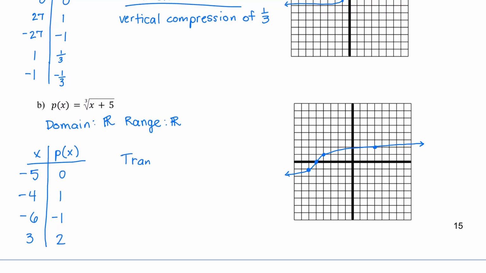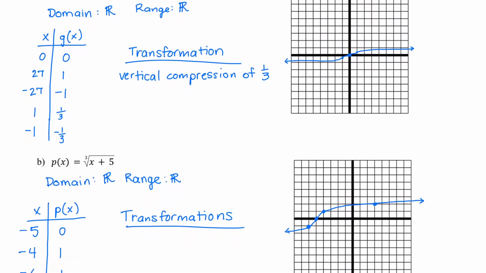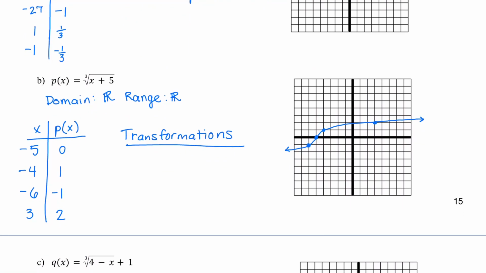Now our transformation. Here, the only difference between our cube root of x and cube root of x plus 5 is the plus 5 under the radical. So remember, what's under the radical does opposite of what it looks like.